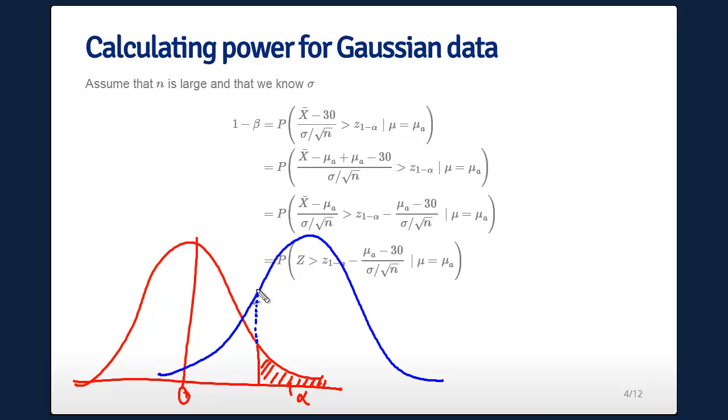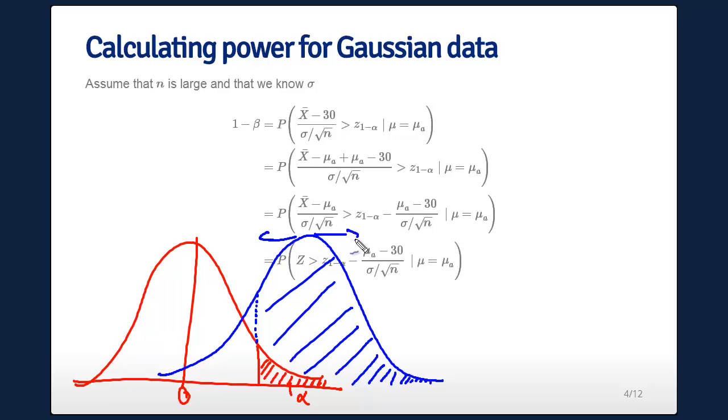And then here's that area. That area is power. So you can see how you can change power. As this distribution moves around, it changes the power, and as this critical value moves around, that changes the power. The blue distribution, where it's centered, depends on mu A, mu naught, and the standard error.